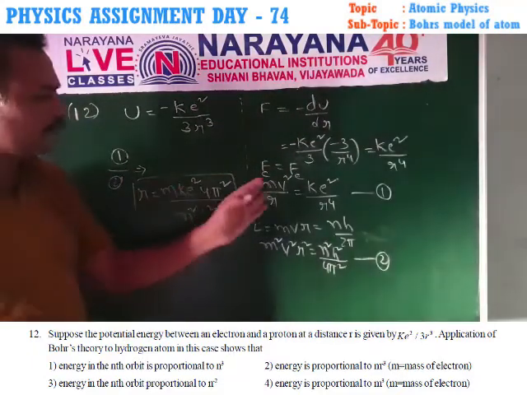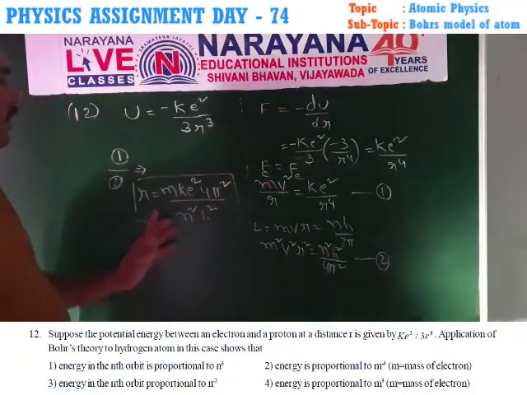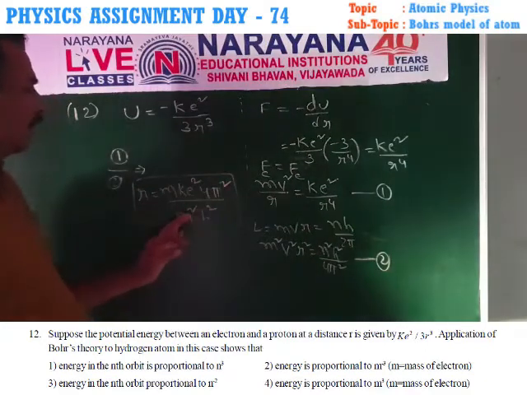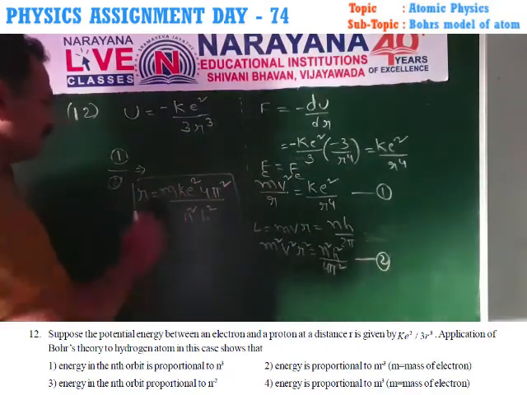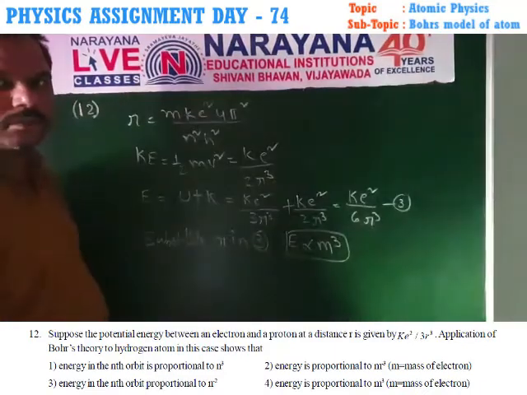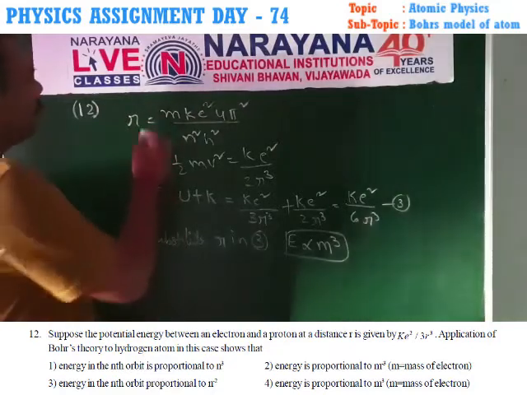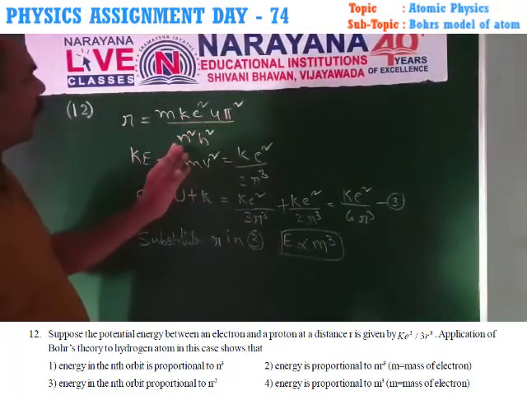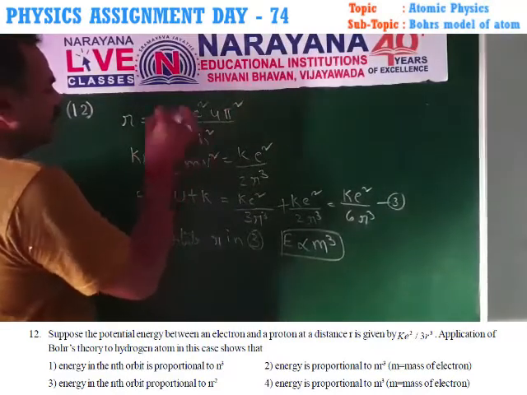By dividing 1 by 2, masses will be cancelled. The radius r becomes m k e square 4 pi square by n square h square. This is the radius of nth orbit. Radius of nth orbit r is equal to m k e square 4 pi square by n square h square.